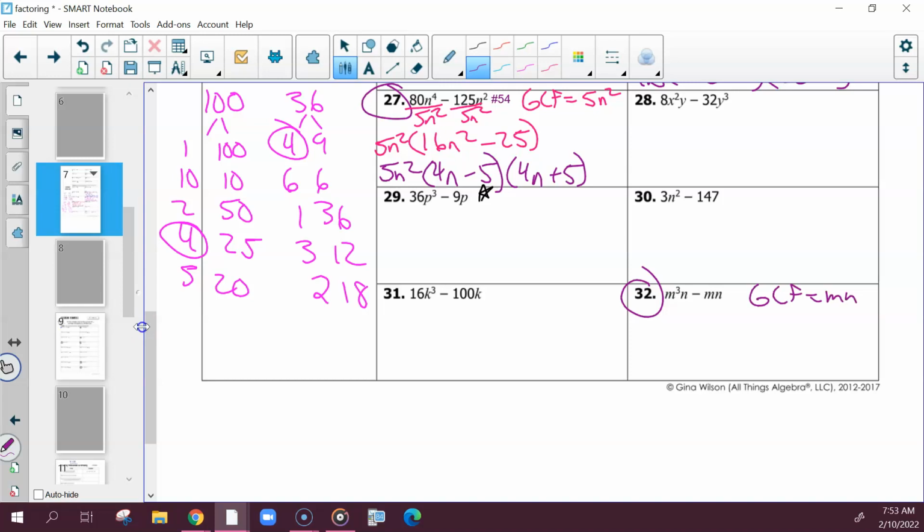So if I'm dividing everything by mn, what's left? M squared minus 1.